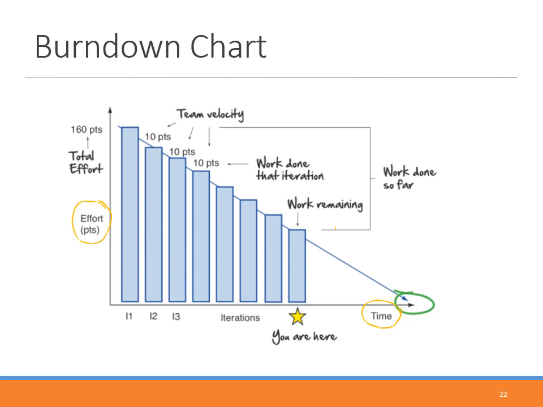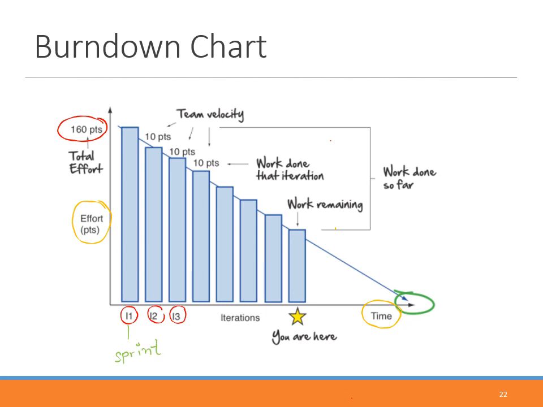The work remaining is represented through effort points. So this is the whole effort points of the project. Let's say that suppose the whole project requires 160 effort points, and we have each iteration, right? Iteration 1, iteration 2, iteration 3. Each iteration means a sprint.